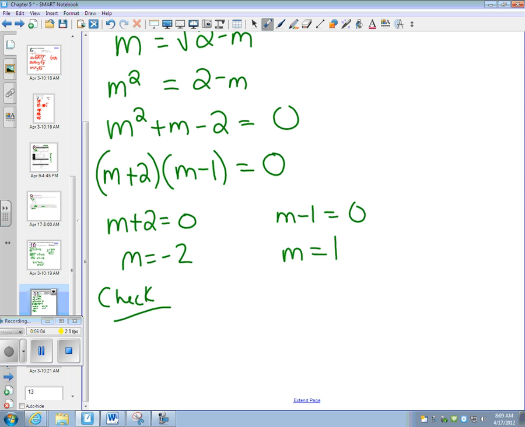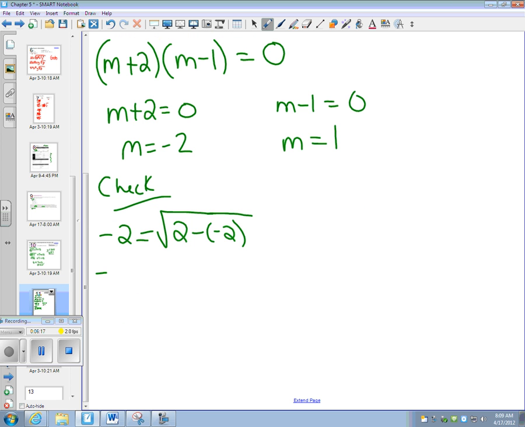So does negative 2 equal the square root of 2 minus negative 2? Okay, principal square root coming in here. Negative 2 equal to the square root of 4, because 2 minus negative 2 is 4? No, it does not. The principal square root of 4 is just 2. So negative 2 does not equal 2.